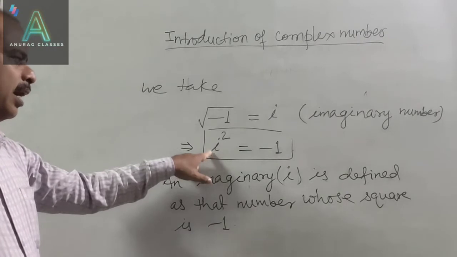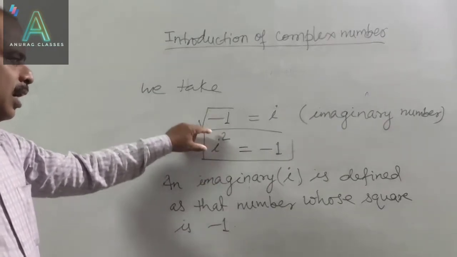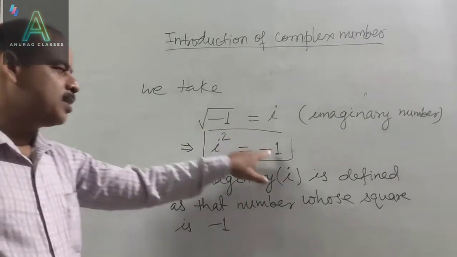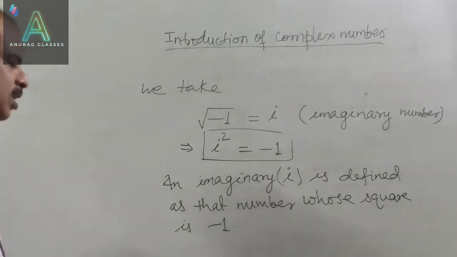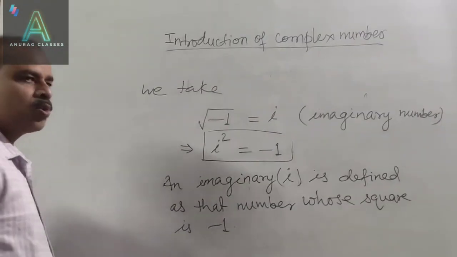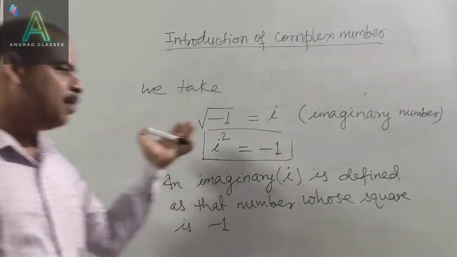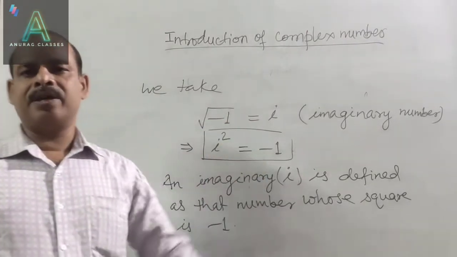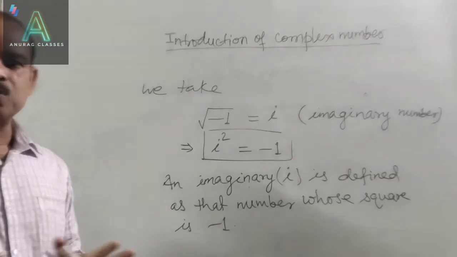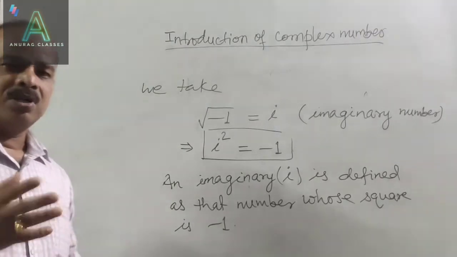So we have taken iota as an imaginary number, and suppose that iota square is minus 1. You must remember that the square of every real number is always positive, but the square of an imaginary number is negative. You must know the difference between imaginary number and real number.